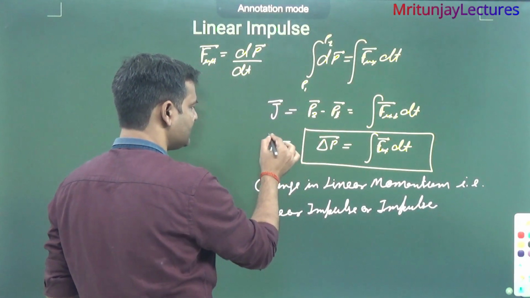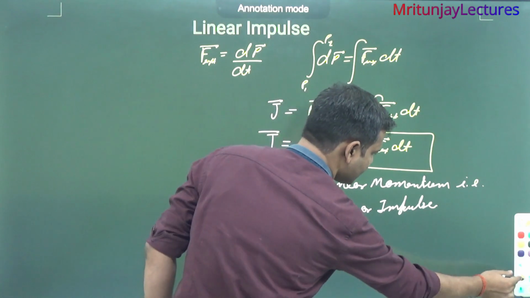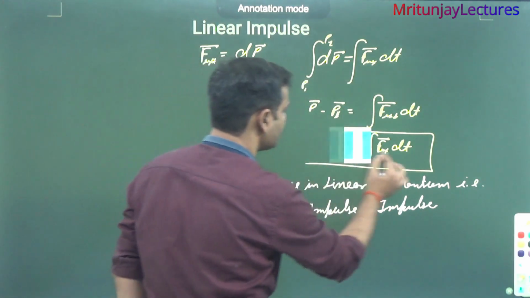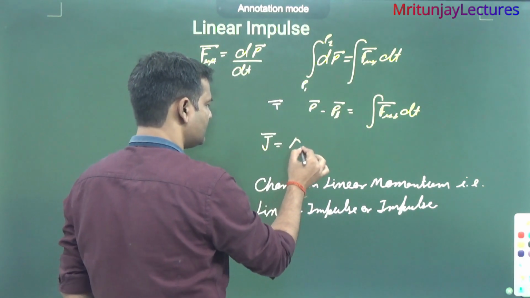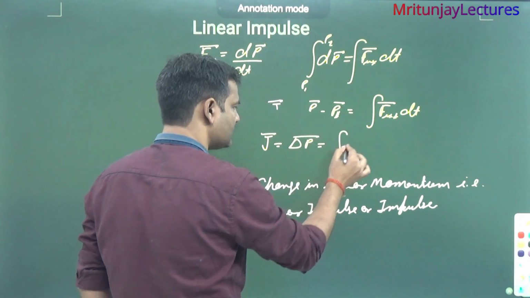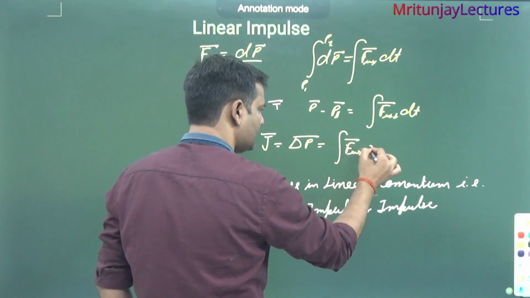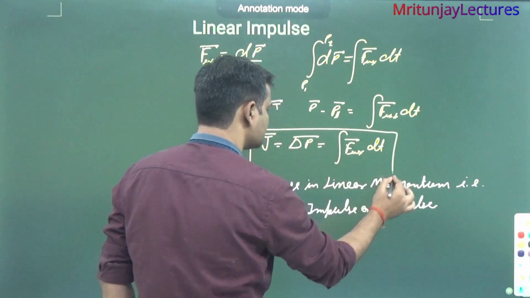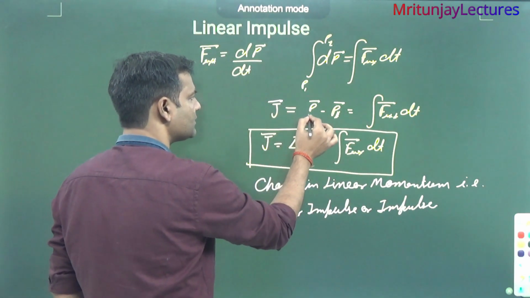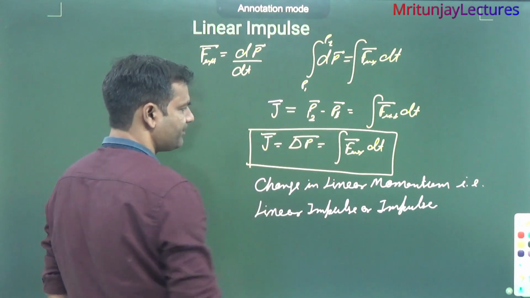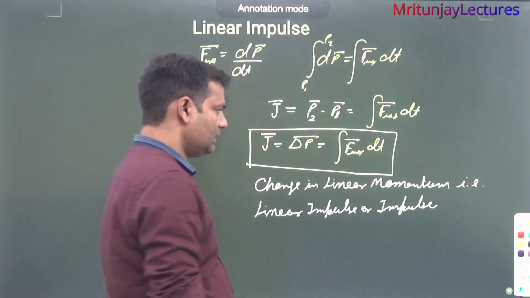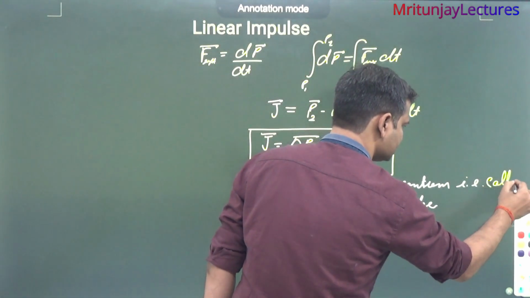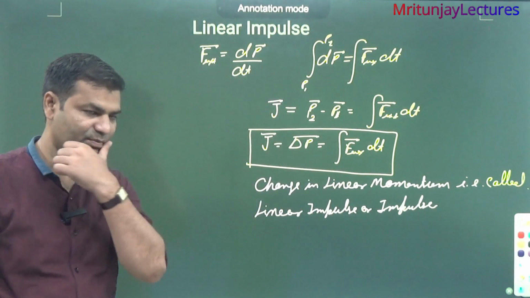It is also represented by J. So J is equal to delta P, which is equal to P2 minus P1. The change in linear momentum is called linear impulse, or simply impulse.